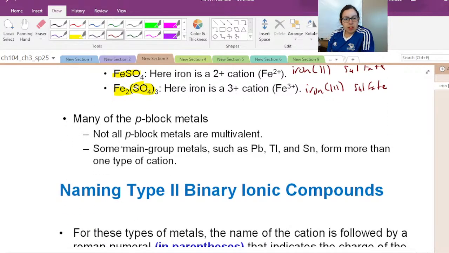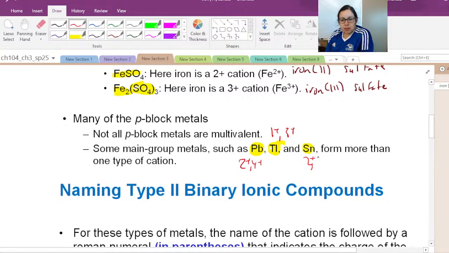And then, like I was pointing out earlier, we also have some strange exceptions in our P block, and that's going to be lead, thallium, and tin. At least those are, and indium. Thallium is another 1+ or 3+ usually. And again, the lead and the tin are 2 and 4 typically.